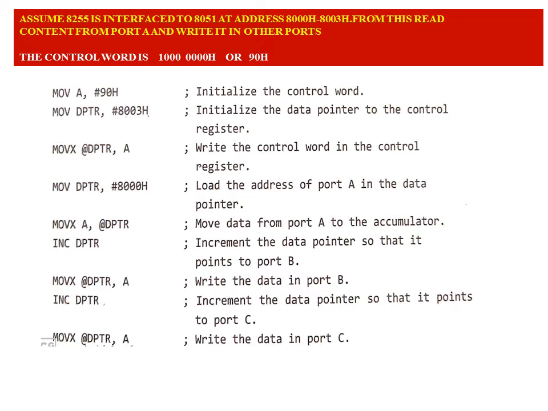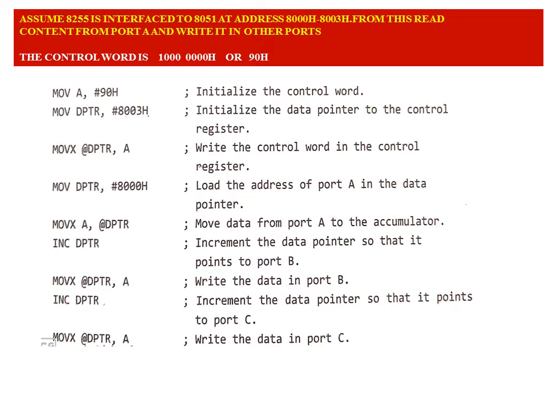In this example, the 8051 wants to read data from port A and write data into any one of the other ports, port B and port C. In this example, port A should be read by the 8051, and port B and C should be written by the 8051.